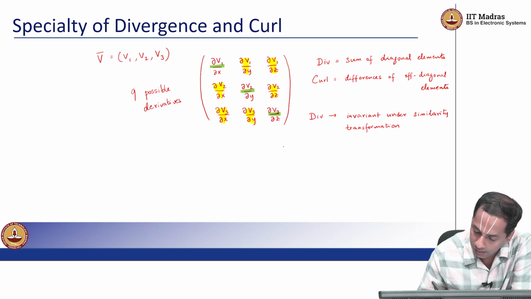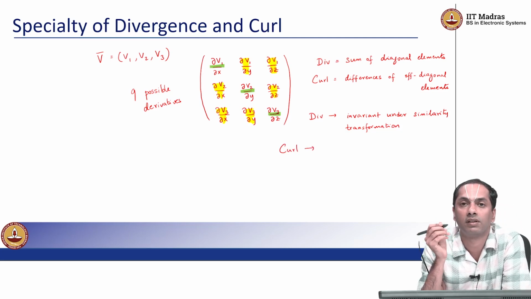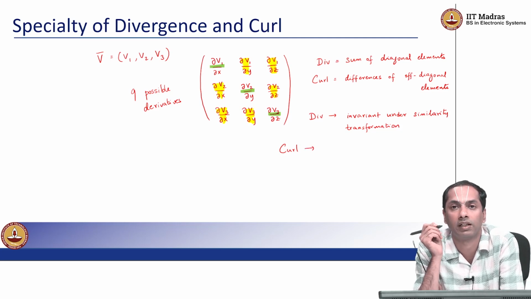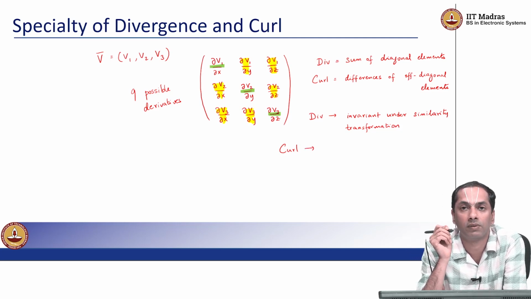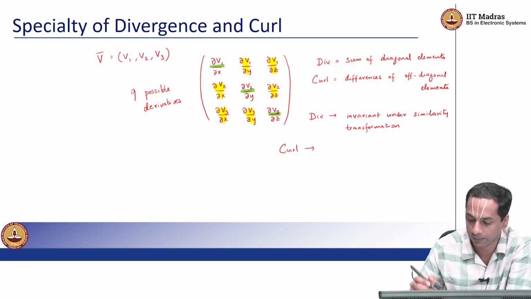And then the curl behaves like a vector. So it transforms like a vector, and this is very convenient because all physical quantities in physics we would like to express using objects whose transformation properties are very well known.